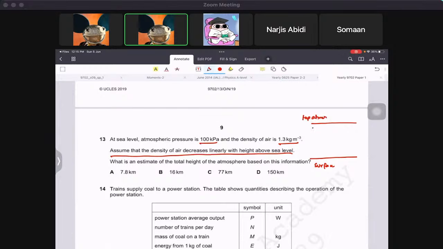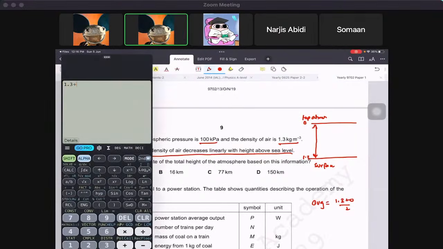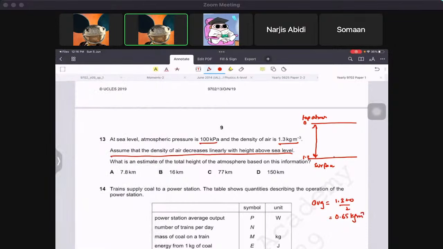From here to here, the density goes from 0 to 1.3 here, which means if it changes linearly, the average density is going to be 1.3 plus 0 divided by 2. So the average density is 0.65 kg per meter cube. Okay, so now the pressure here is 100 kilopascals. So 100,000 equals 0.65 times 9.81 times the height.